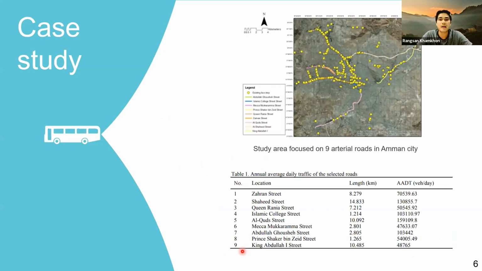In the map, we can see the yellow points mean the existing bus stops, and the 9 main roads. Road number 8 has the minimum length at around 1 kilometer, and the maximum length is road number 2 with almost 50 kilometers. Next.